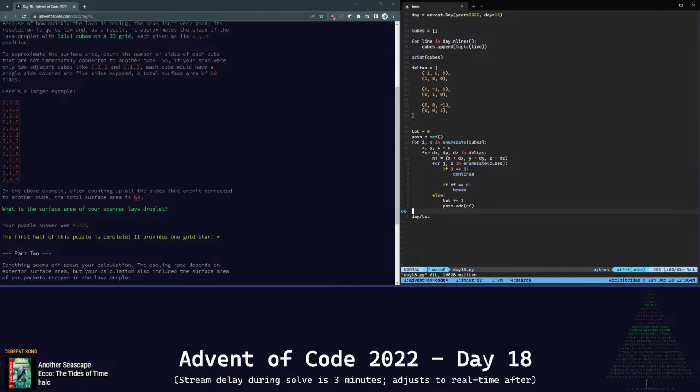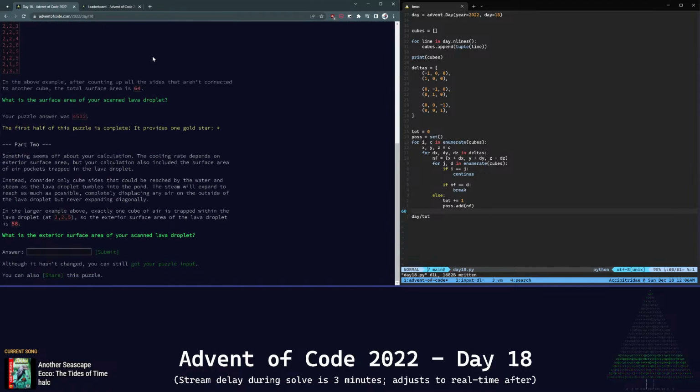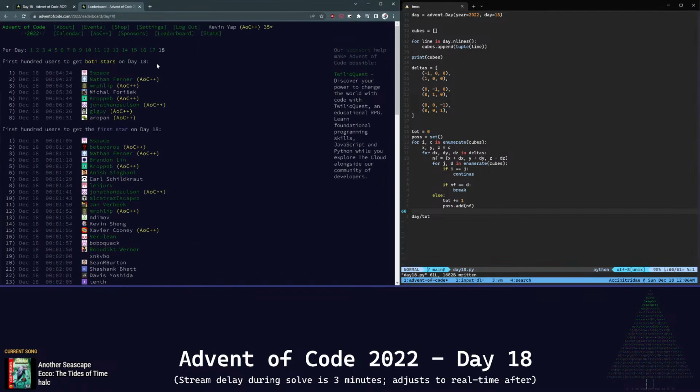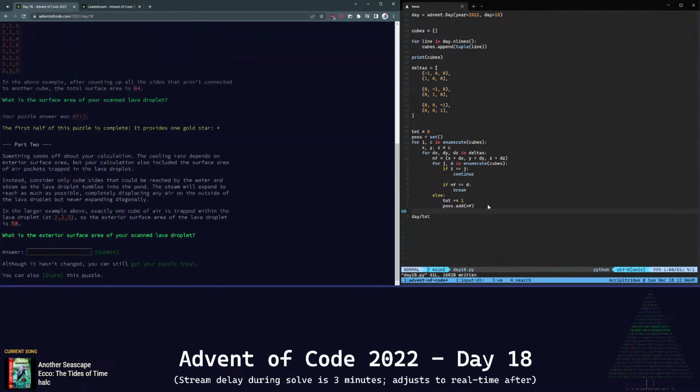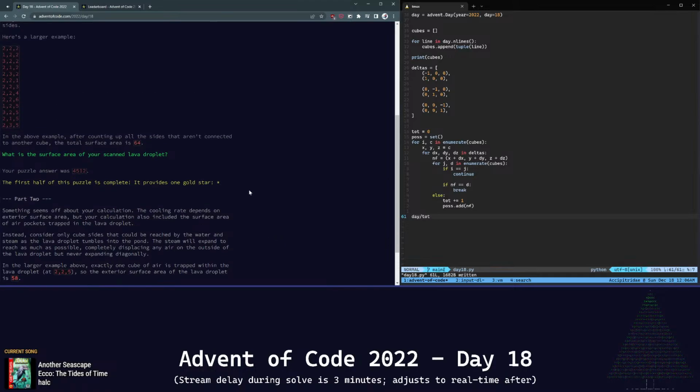Is it actually a geometry problem? Do we have to compute a convex hull based on these points?